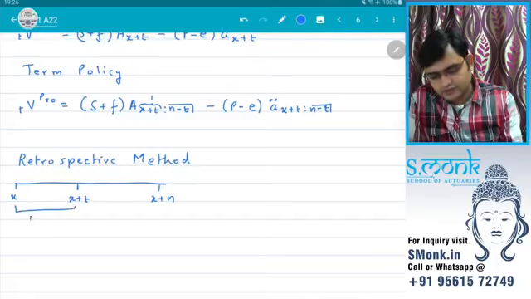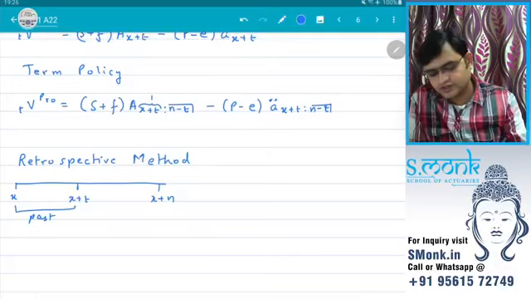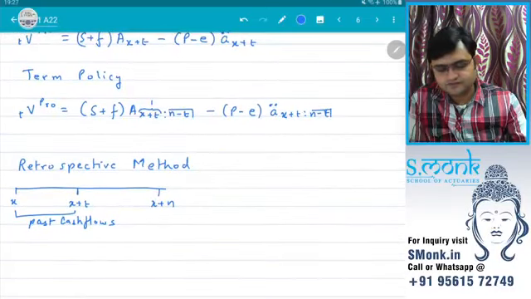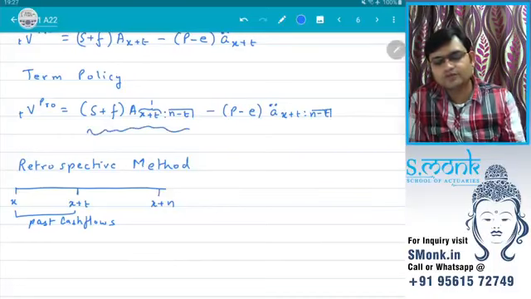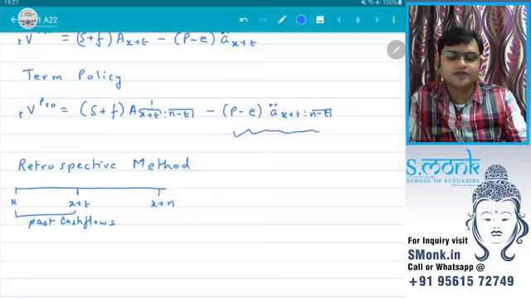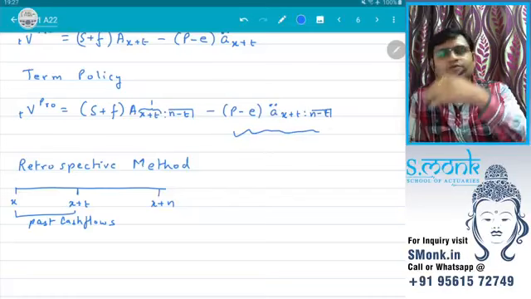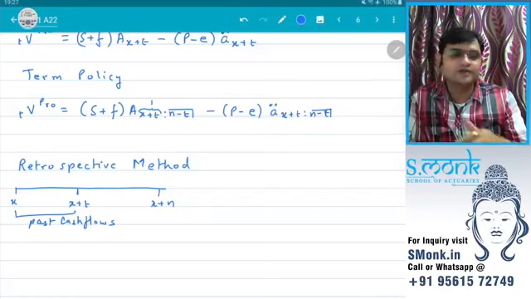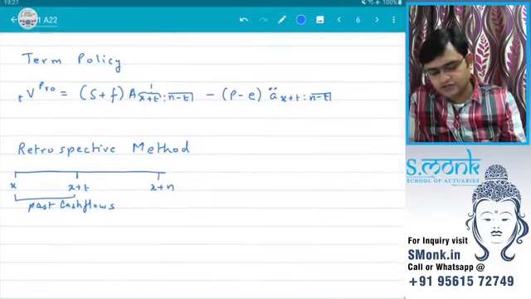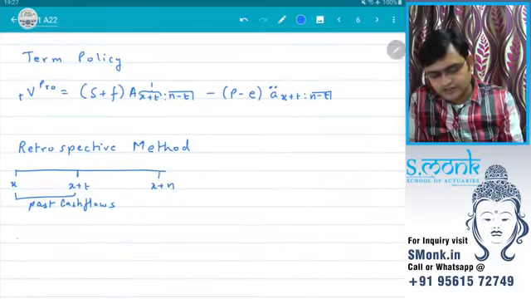So we'll be using past cash flows. Now in future we were supposed to pay more liabilities, or you might say more sum assured would be paid in future, and less premium would be collected in the future, because we have collected more premium in the past and less payment was done in the past. So here when we are taking past cash flows, we will take it exactly opposite.